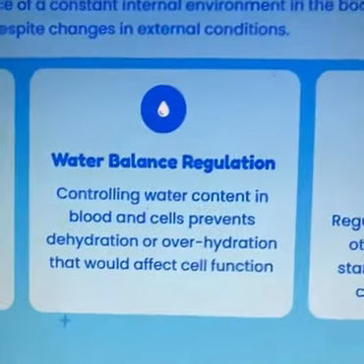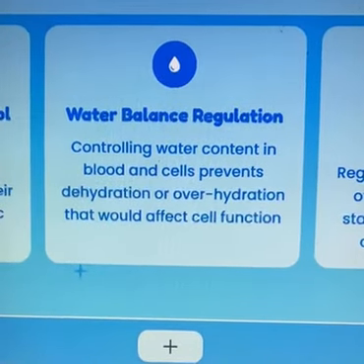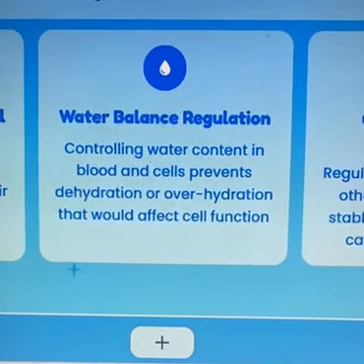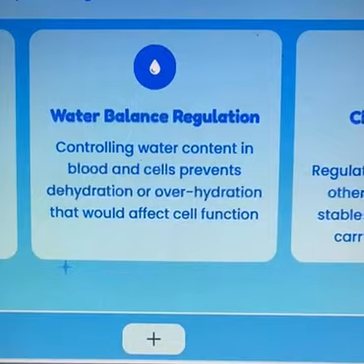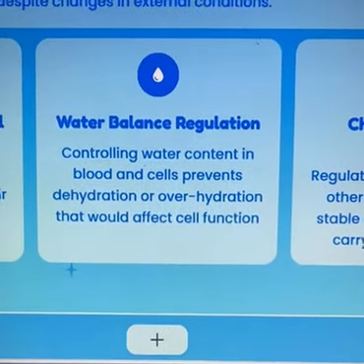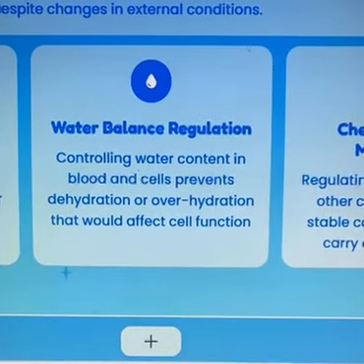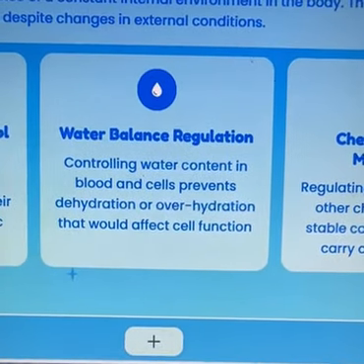Let's see the second one, water balance regulation. So controlling water content: the amount of water you drink and the amount of water we excrete, whether in the form of urine, or excretion like feces, or maybe sweat.